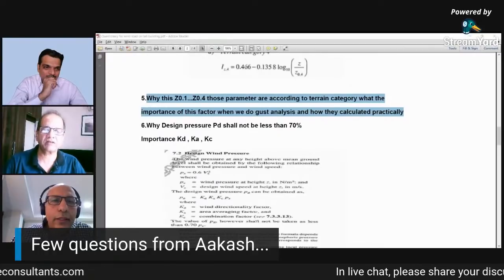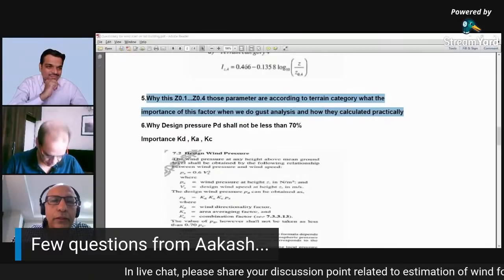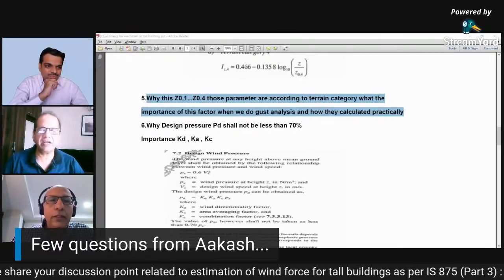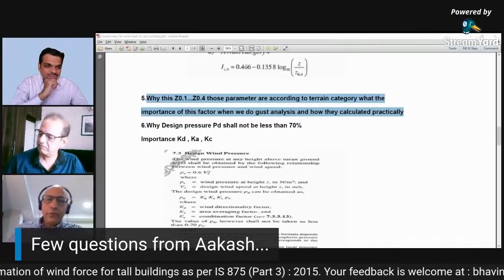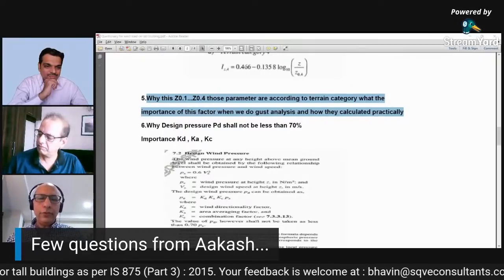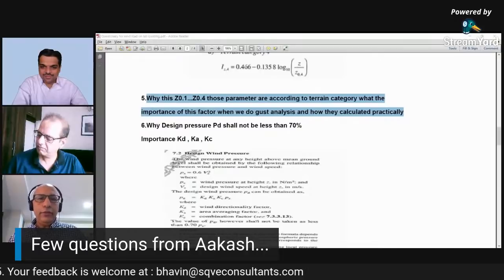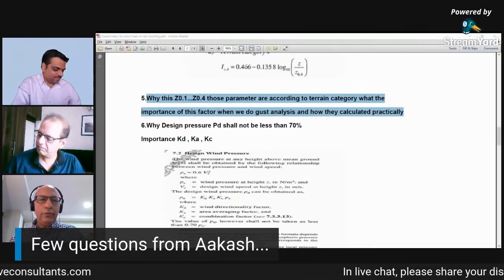It's the roughness length. z0 is the effective roughness length. Because we are dealing with the Earth's surface, it is like a boundary layer. And as the wind moves over the Earth's surface, there are different roughnesses.